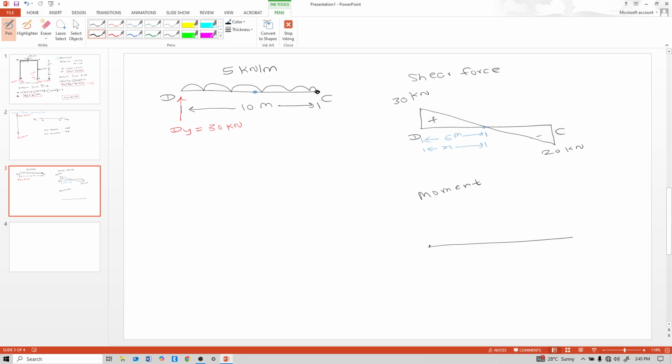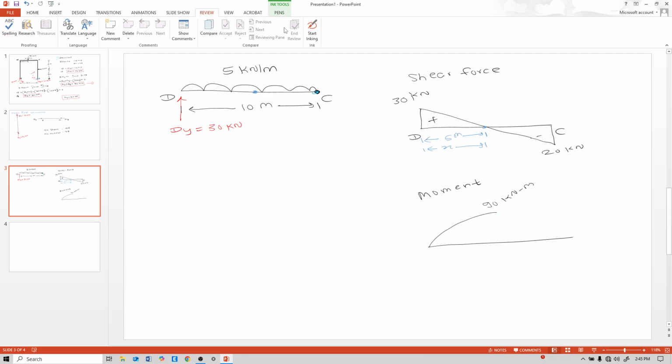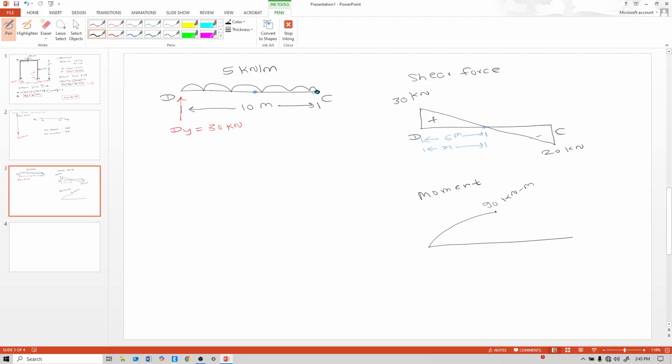And this is a parabolic curve because of this UDL. Here 90 kilonewton meter. And at point C, calculate also: positive 30 into 10 minus 5 into 10 into 10 by 2. It is 50 kilonewton meter here. So like this.